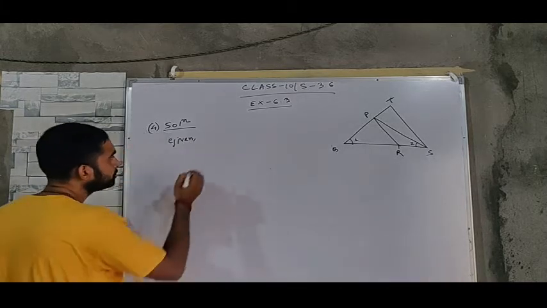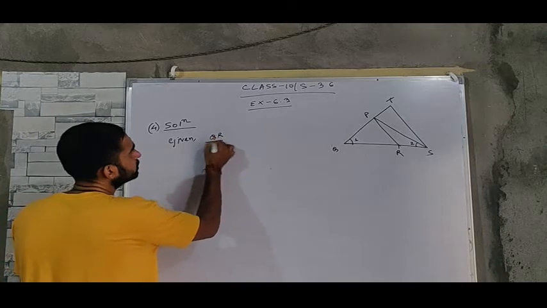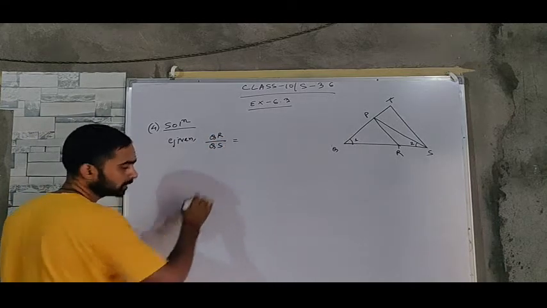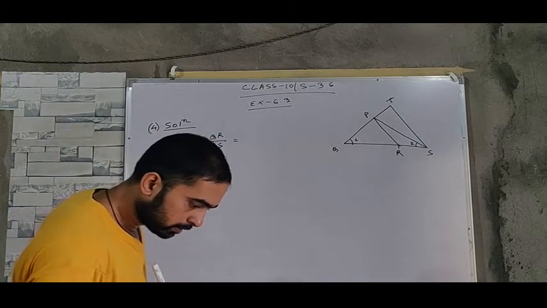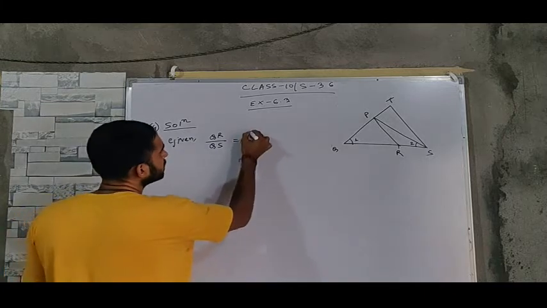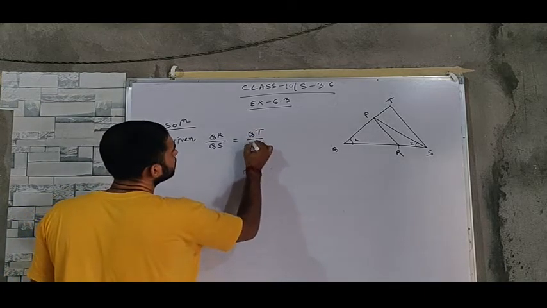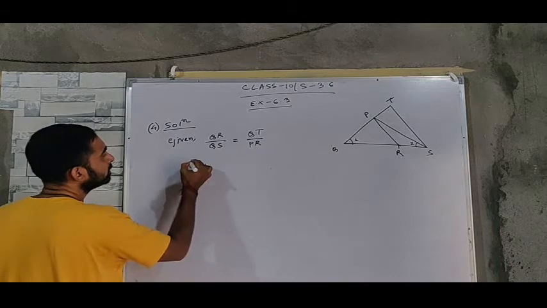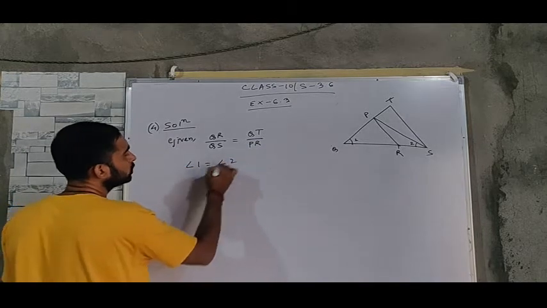QR by QS equal to QT by PR. And angle 1 equal to angle 2.